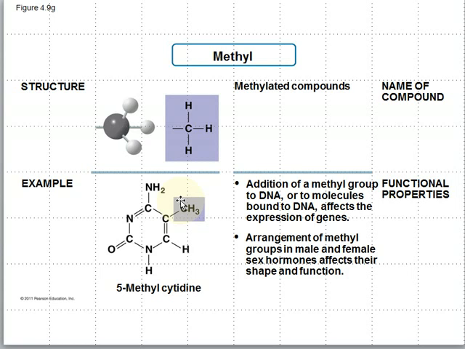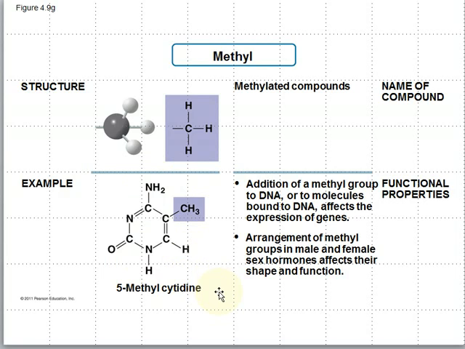One's called estradiol and one's called testosterone. If you look at the structure of them, they're very, very similar. The differences are just a few, and those differences include the location of some of these methyl groups that spin off of the carbon rings that make up these hormones. So again, the shape of the molecule can be or is just as important as the actual chemical makeup of the molecule.